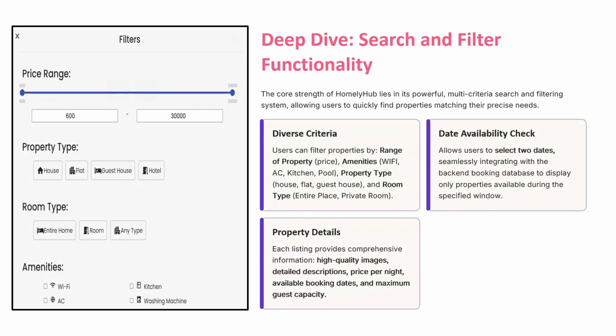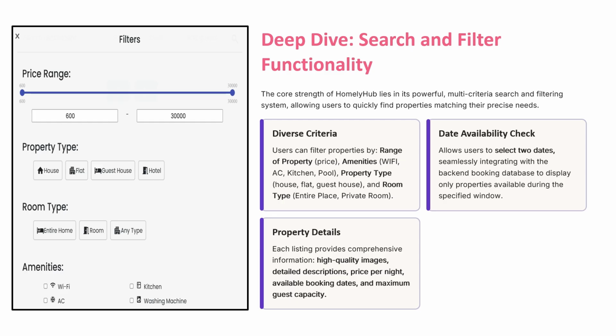So let's try to understand in short the filter options we have made. A deep dive into the search and filter functionality: it is a powerful, multi-criteria search and filtering system which allows the user to quickly find property according to their needs.